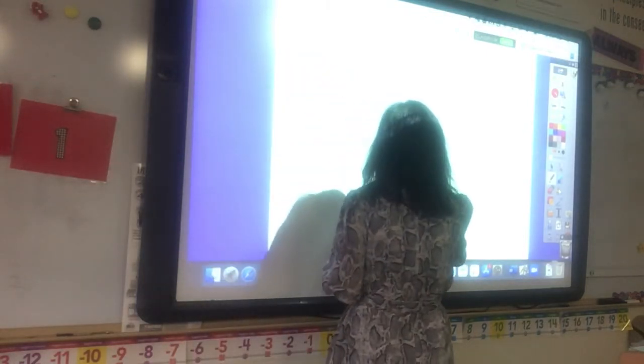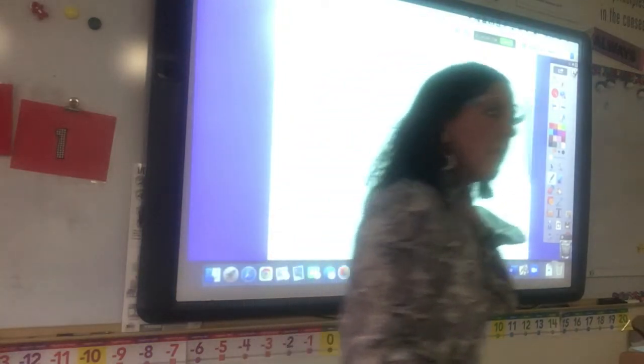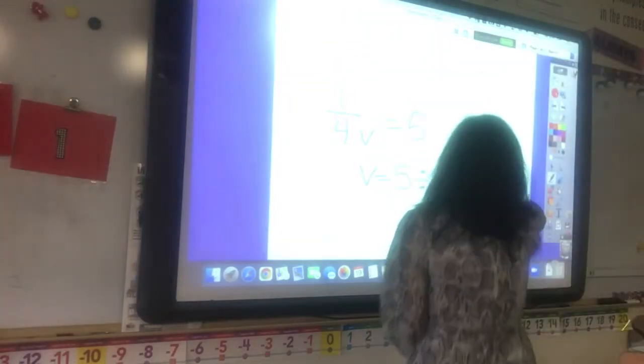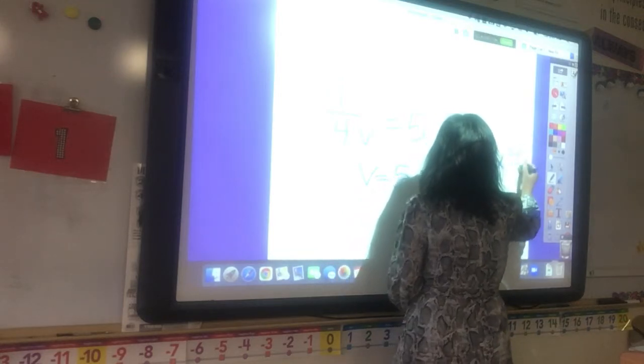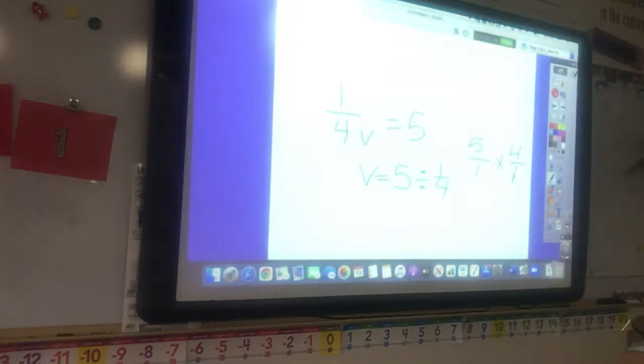We have to divide. Now we're dividing by a fraction. Remember, when dividing by fractions, here's a tip: keep, change, flip. So what would we do to get this answer if we have 5 divided by 1/4? Keep, change, flip. So what do we get when we have 5 divided by 1/4?